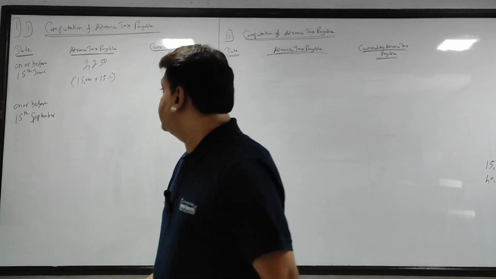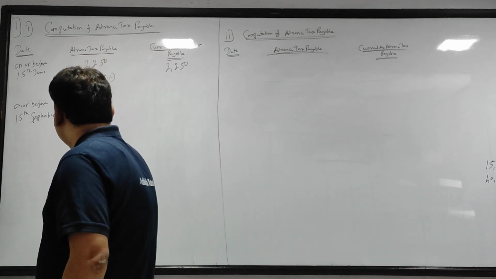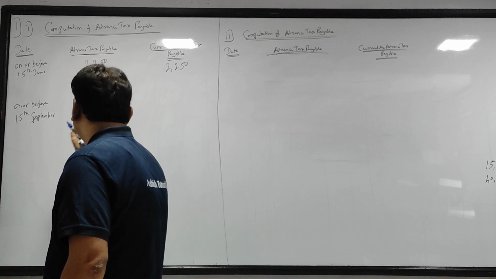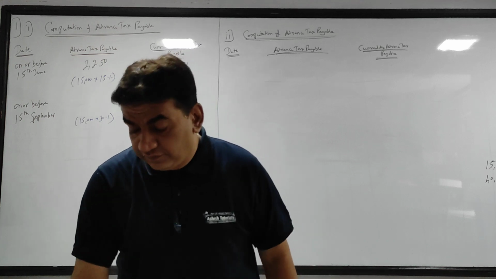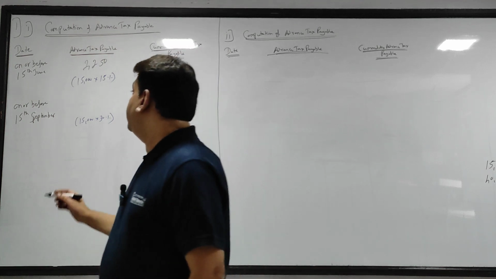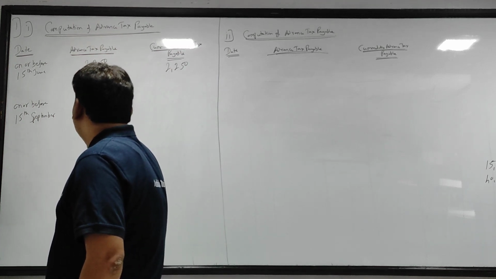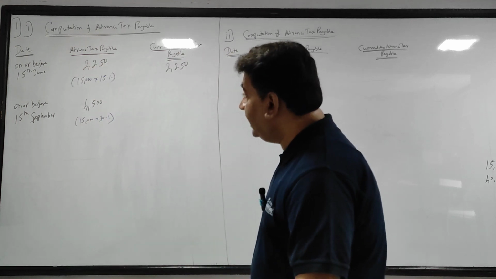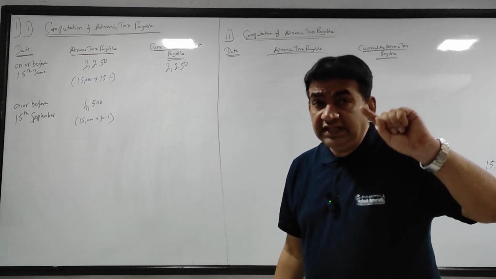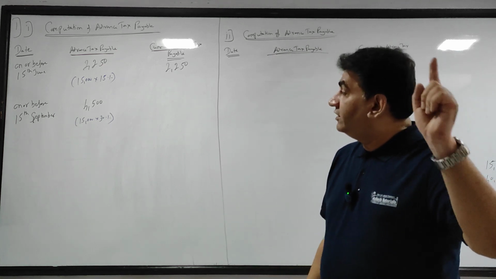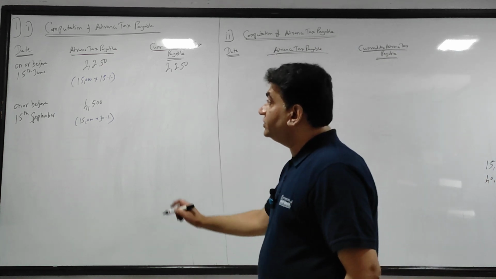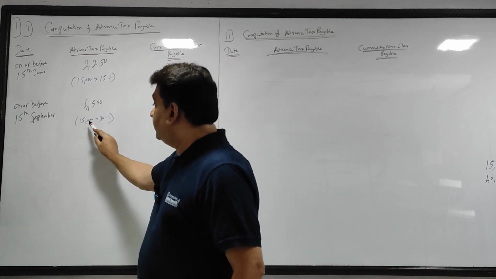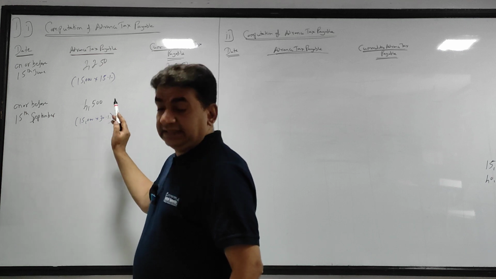That means this will be 30% of 15,000. So 30% of 15,000 comes to 4,500. Getting it now? It is 45% of 15,000, and 45% of 15,000 also includes this 15%. So this will be 30% of 15,000.